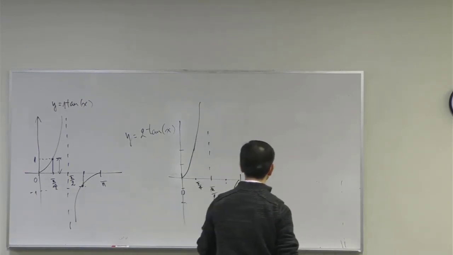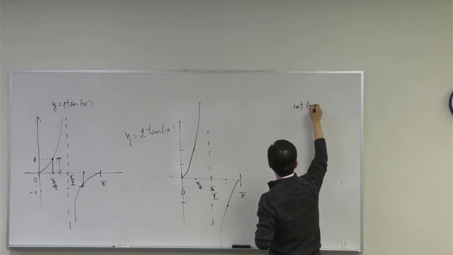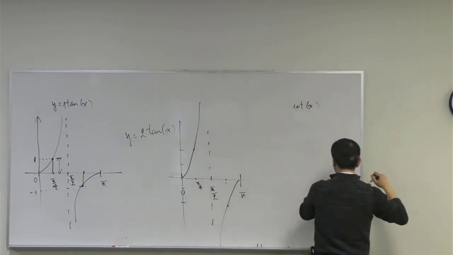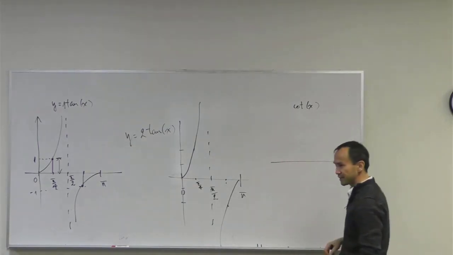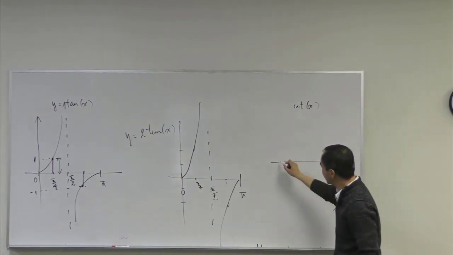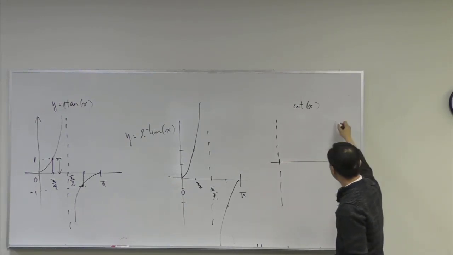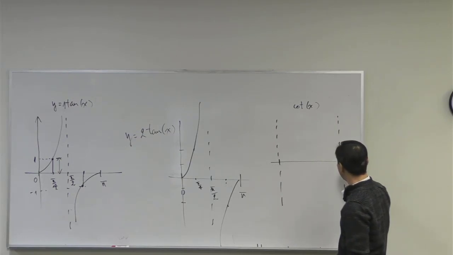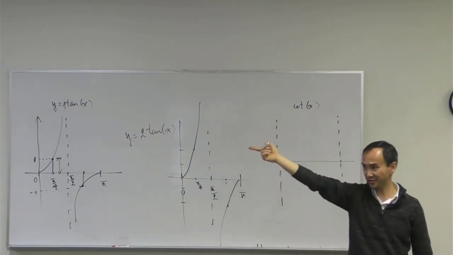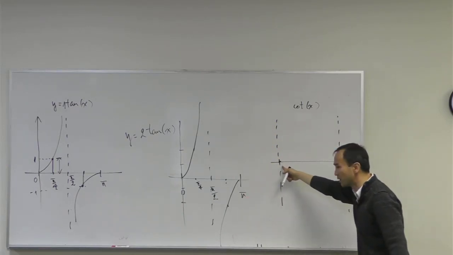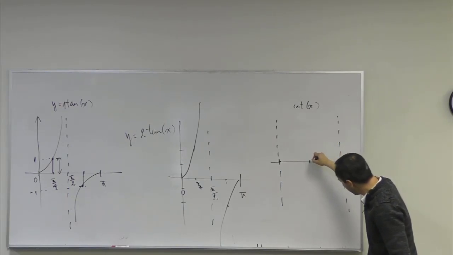And then the same with the cotangent. All right, cotangent of x, just any cotangent. There's a center line, there's a start where we place a vertical asymptote, and there's an end where we place a vertical asymptote. For any basic unit of a cotangent, we put a vertical asymptote at the start and at the end.